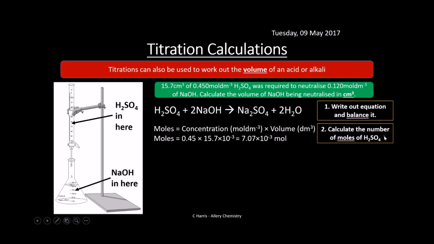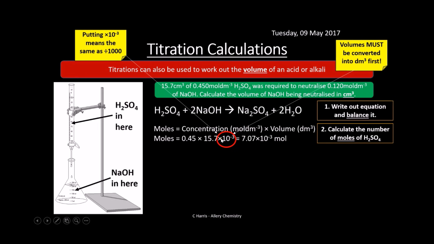So we're going to calculate the number of moles of sulfuric acid. Again, we've got a volume and a concentration, so we can work out the moles. Concentration times volume, again with the volume converted into decimeters cubed, so there's the times 10 to the minus 3. Concentration 0.45 times 15.7 times 10 to the minus 3 gives you the number of moles of sulfuric acid.